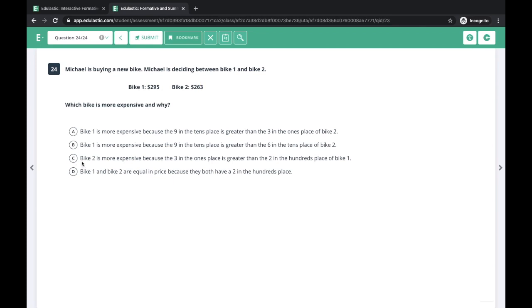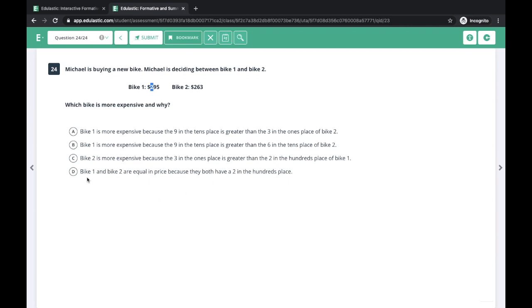C says bike 2 is more expensive because the 3 in the ones place is greater than the 2 in the hundreds place of bike 1. Well, we didn't say bike 2 was more expensive, so that can't be our answer. And we also didn't compare the 3 from our ones place to the 2 in our hundreds place, so that's not a good answer choice.